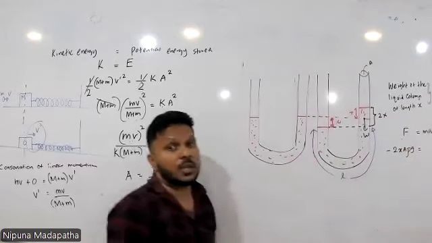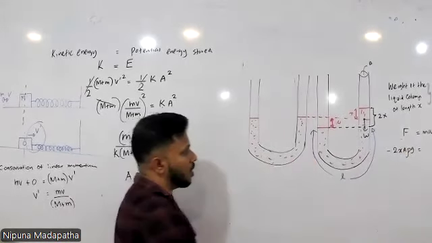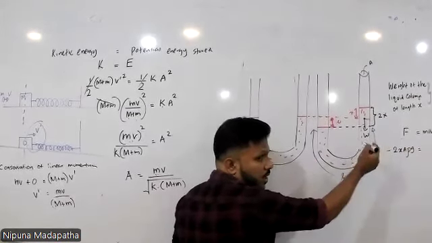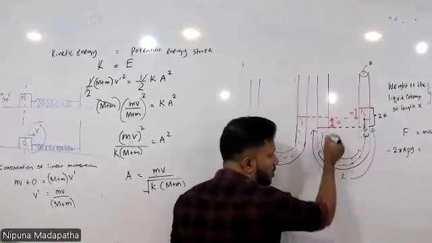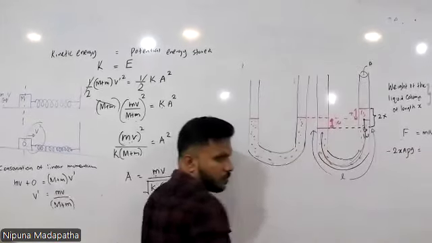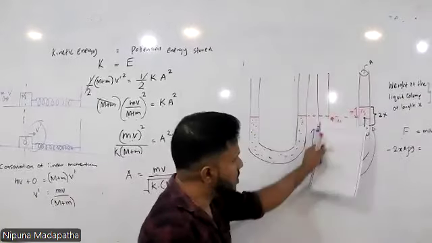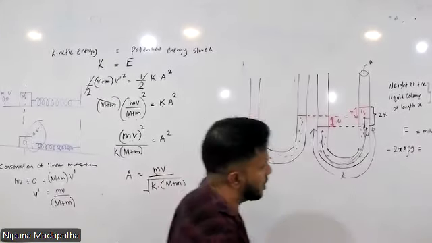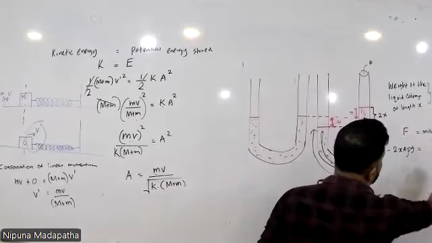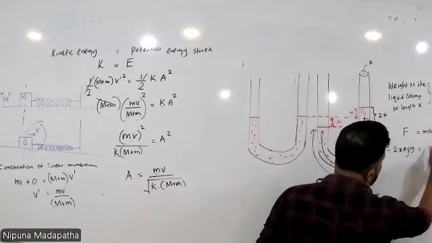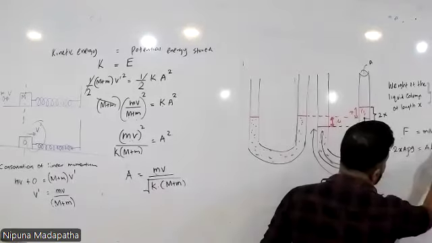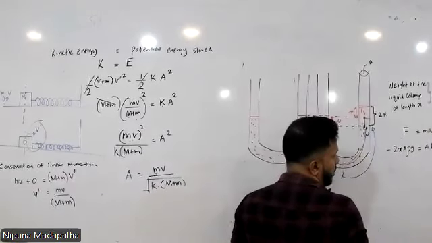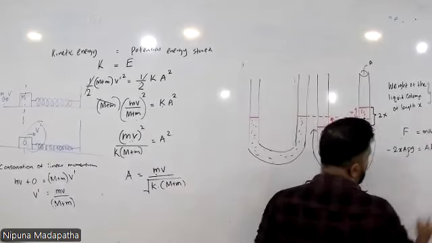What is the mass of the liquid column? This force is acting on which liquid column? This force is acting on this whole liquid volume. So what is the mass of this liquid volume? The cross-sectional area is A, so mass is volume times density. Volume is cross-sectional area into length of the liquid column, so mass is ALρ.